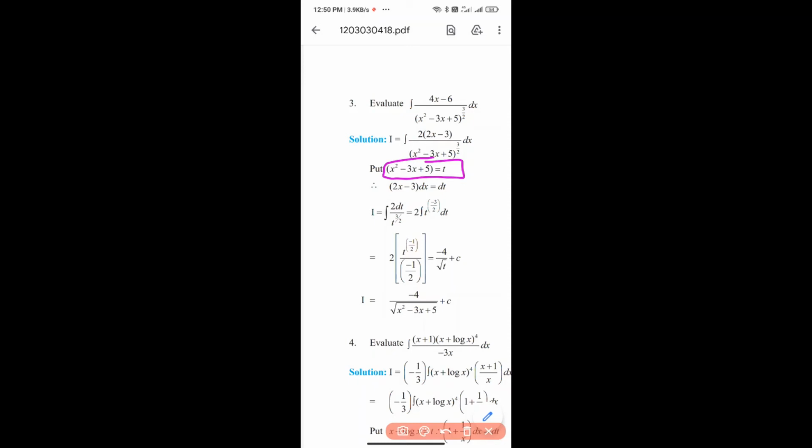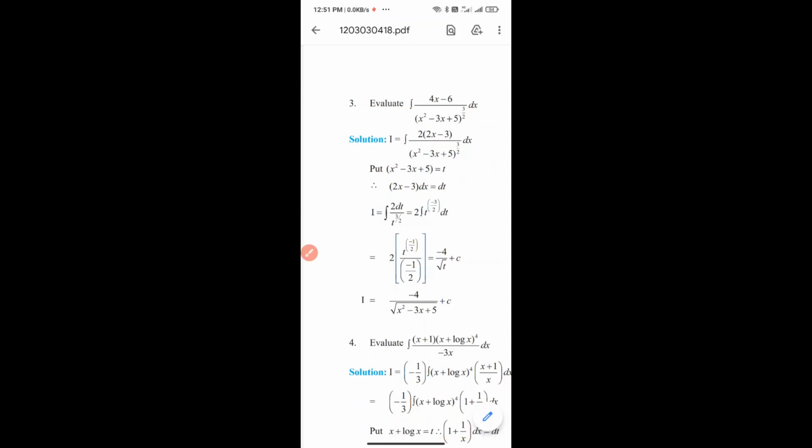Then 2x minus 3 is equal to dt by dx. And then you can write this as a third step. So initially you have to write as detailed as possible. Okay.